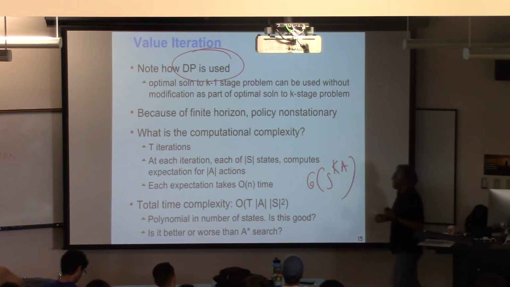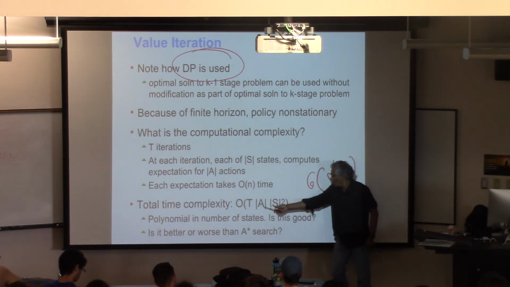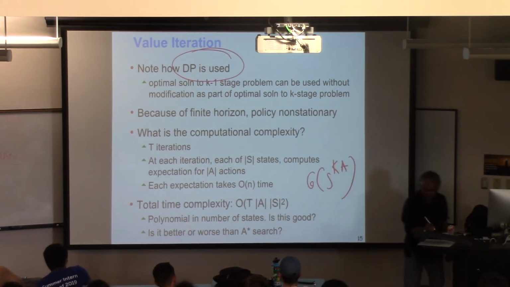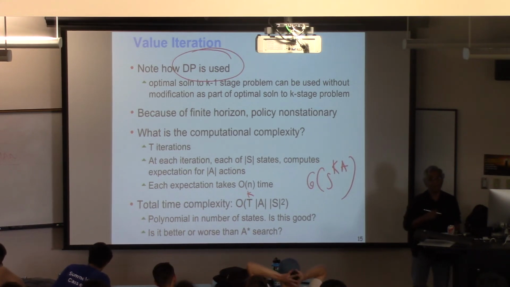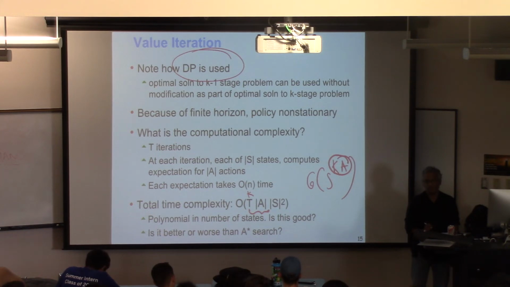Instead, it's actually only O(T A S^2), where T is the horizon K. K times A times S squared. That's it. So these two, instead of being in the superscript, are just friends next to S squared. Huge improvement in complexity. Huge improvement.